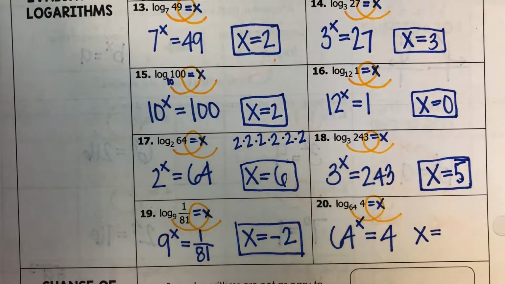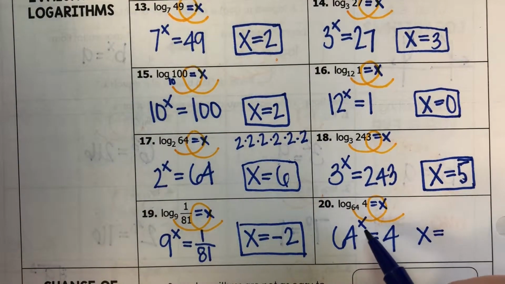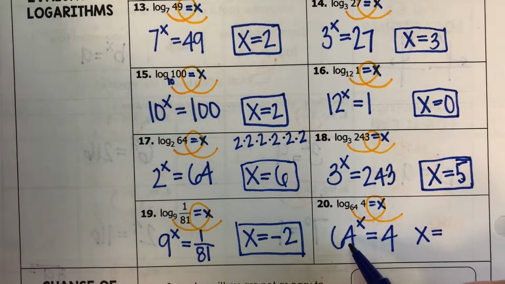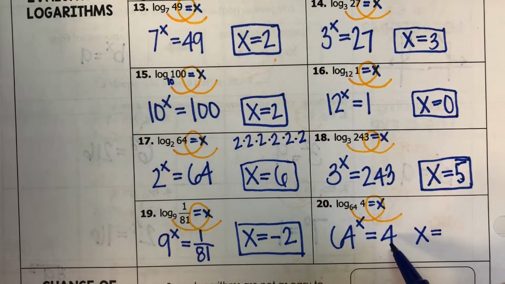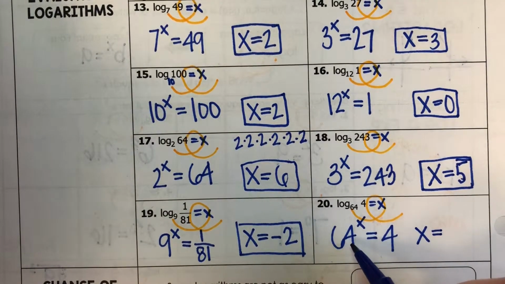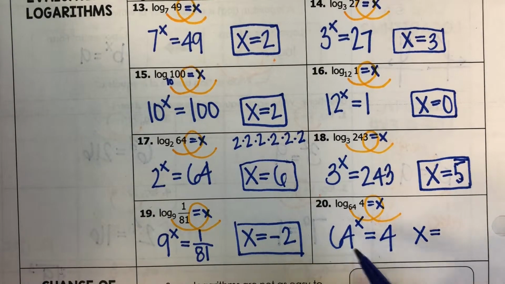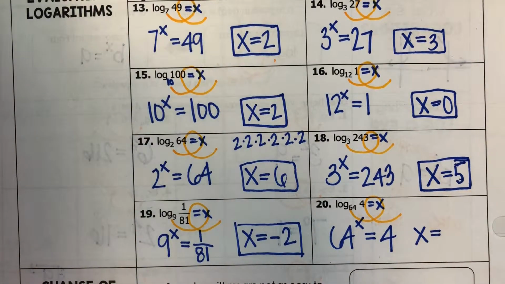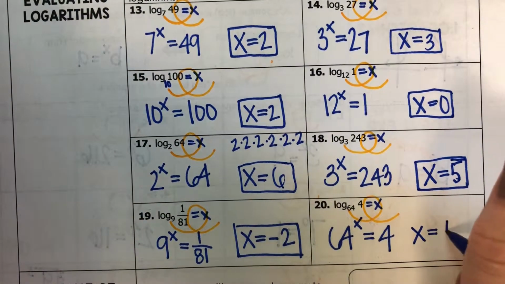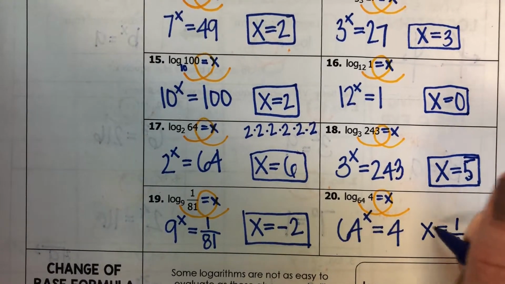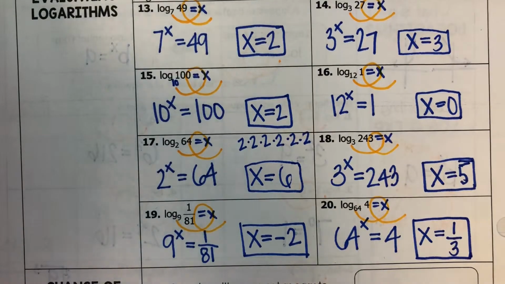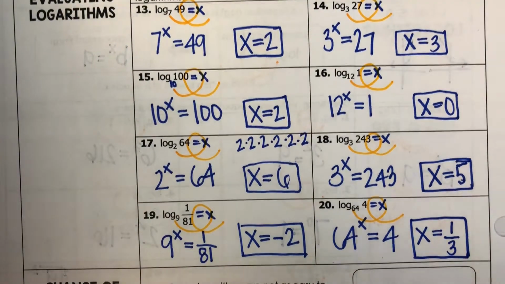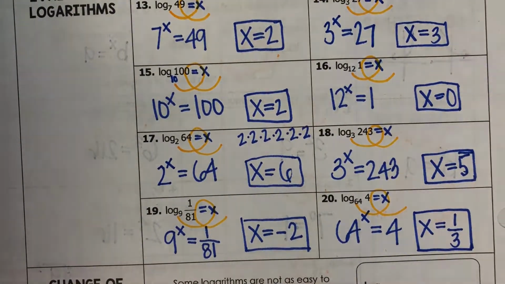And right here, what I know is that if I take the cube root of 64, then that's going to give me 4. If I multiply 4 by itself 3 times, that is going to give me 64. So the opposite of raising it to the third power is going to be raising it to the 1/3 power. Okay? So there we go on that part.